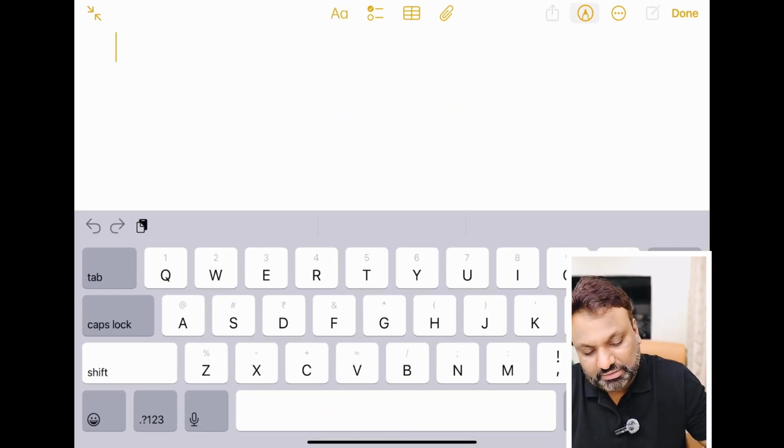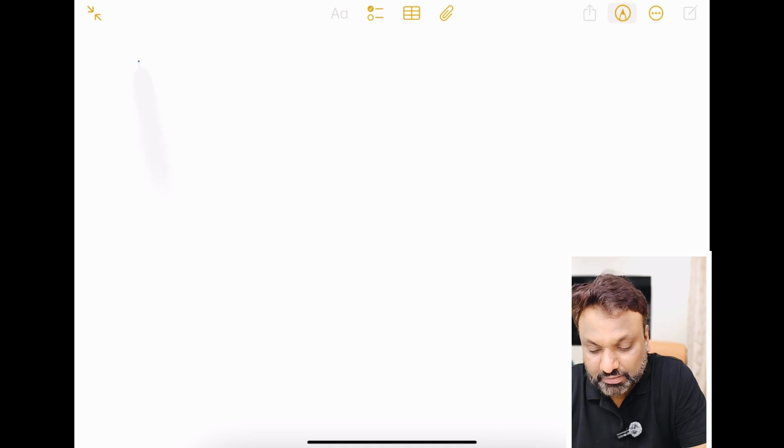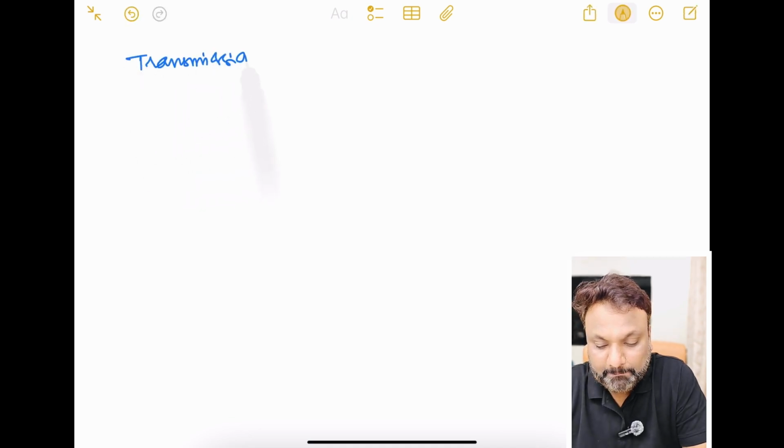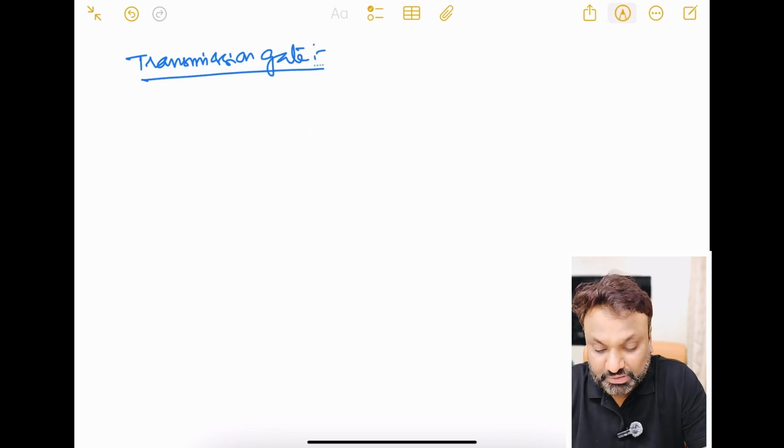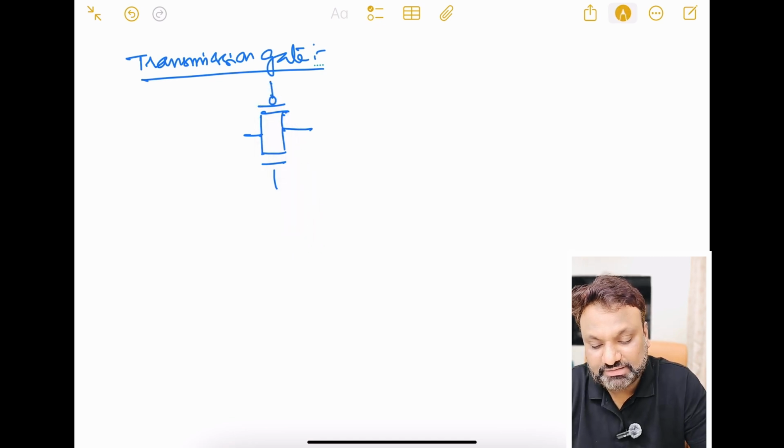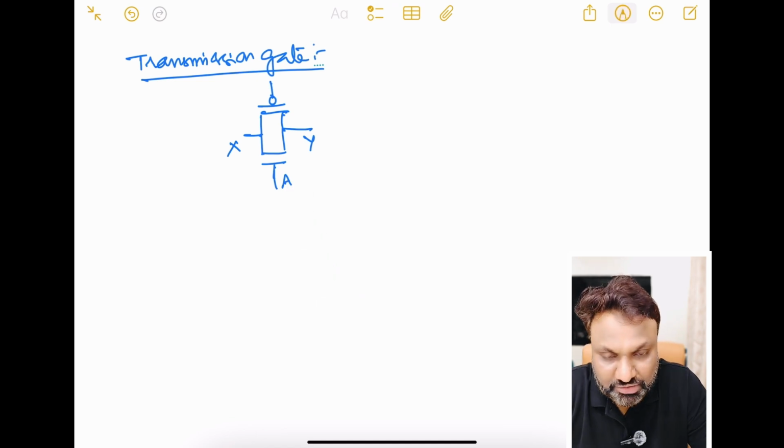One transmission gate. So what is that? You see here, I will combine one NMOS transistor and one PMOS transistor. Same as before, Y is my output, X is my input. Initially I have A as the input to the NMOS.